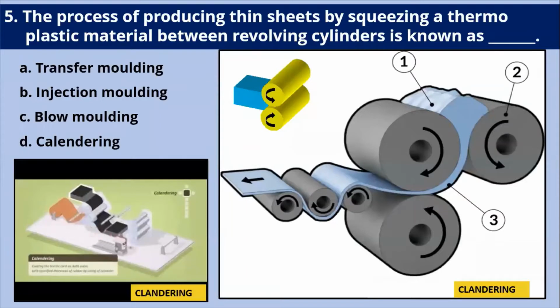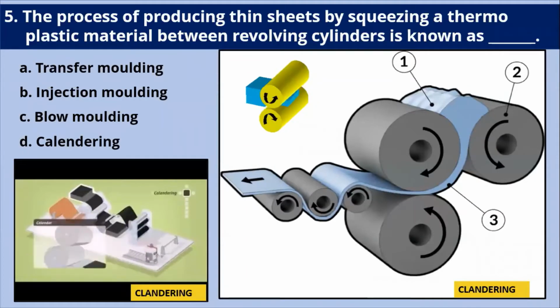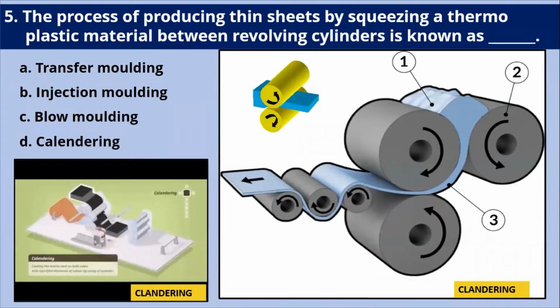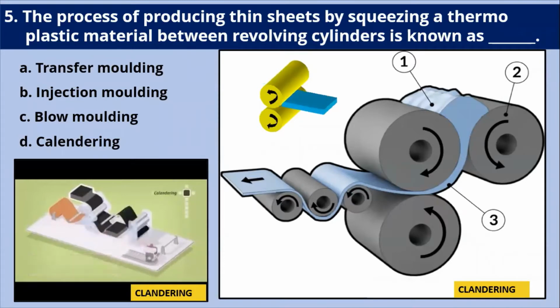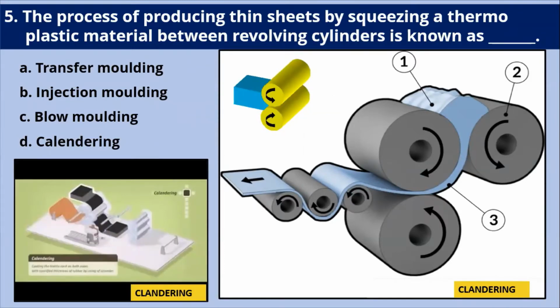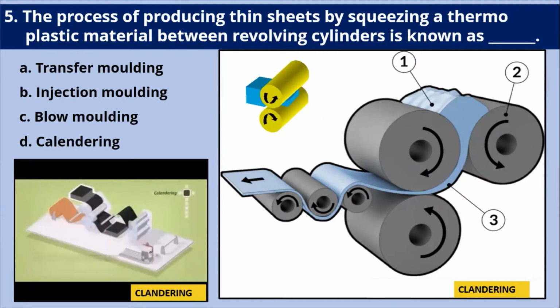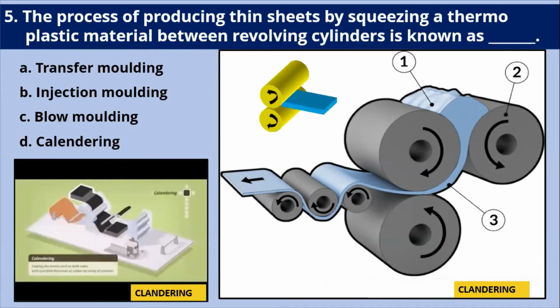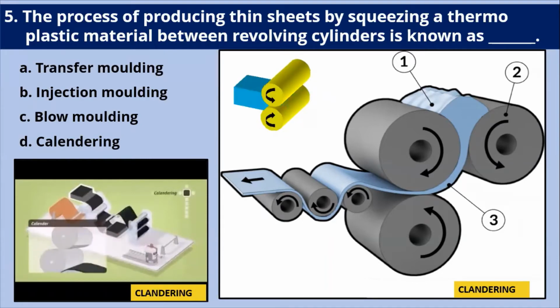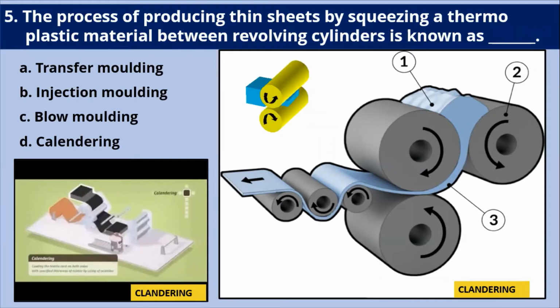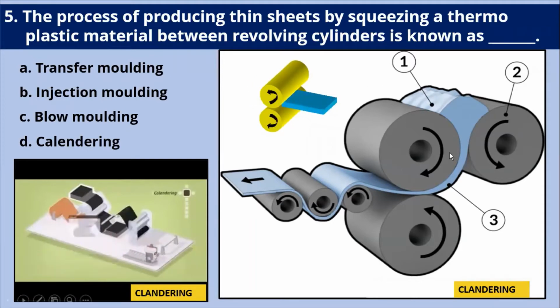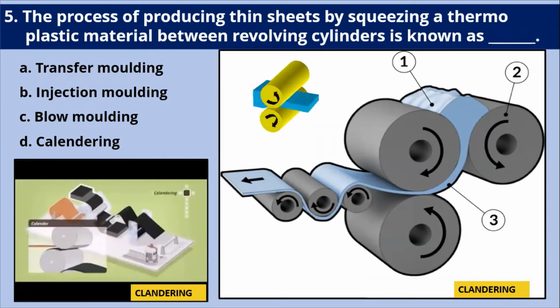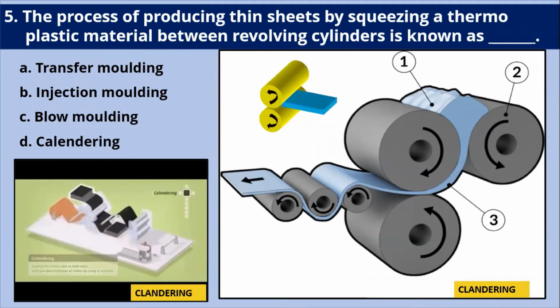Next question: the process of producing thin sheets by squeezing a thermoplastic material between revolving cylinders is known as. We know that calendering is a process of passing a plastic melt between two rollers, or more counter-rotating cylinders or rolls, to form a continuous film or sheet.